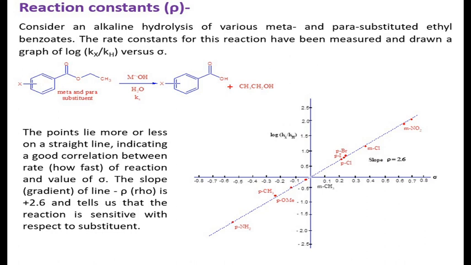The slope or gradient of the line is rho, the reaction constant, and for base catalyzed ester hydrolysis it is about plus 2.6. This tells us that the reaction is sensitive to substituents.